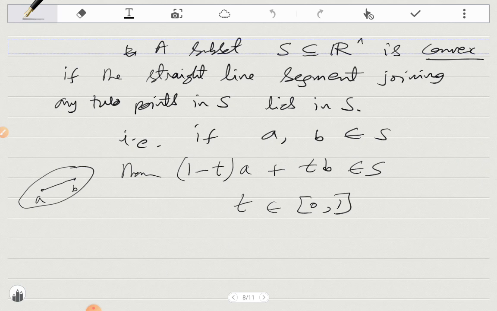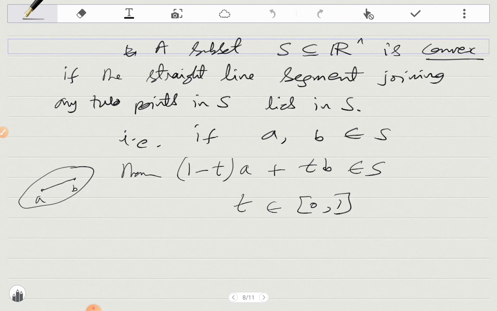This is the simplest way of writing that: (1 minus t) times a plus t times b, where t is between 0 and 1. For every t, this should be in S. That's the condition.